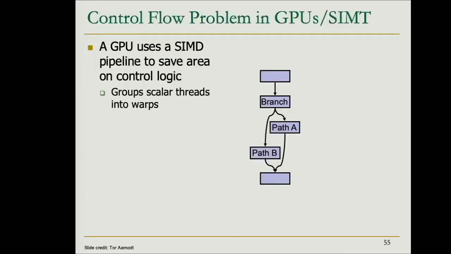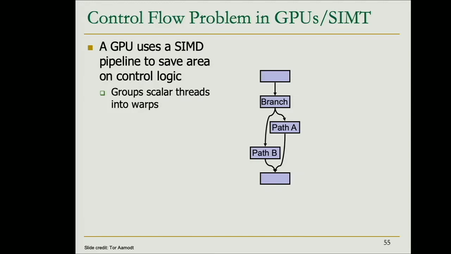The other day we already introduced the problem that we might have with the SPMD model. The good thing of the SPMD model is that I can write whatever I want. I can use control flow statements, for example, and I can have thread 0 going this way and thread 1 going this other way.